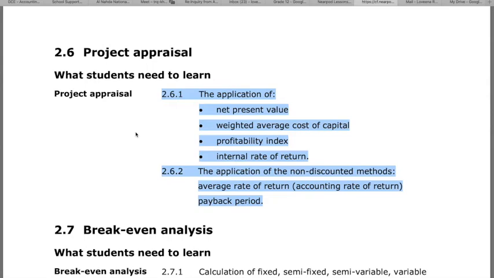So where we stand is, the schools are all making this investment project appraisal decision, wherein this is a continuing business, but we are looking at an additional investment into some project.